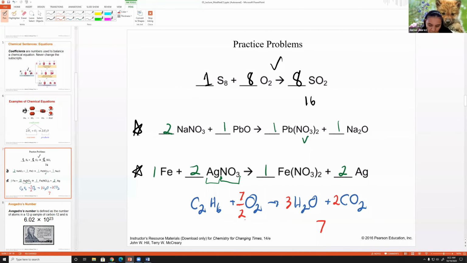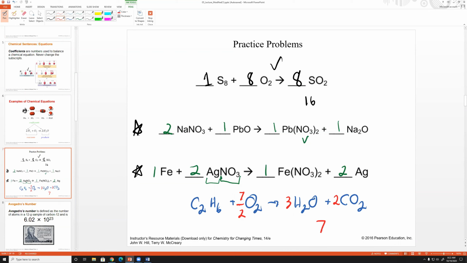Can you repeat that again? Yes. The reason we're doing this is because the right side of the equation has an odd number of oxygens, and we're trying to cancel that odd number out with a coefficient in front of an even number. So we have to use a decimal, 3.5 in this case. 3.5 times 2 would equal 7.